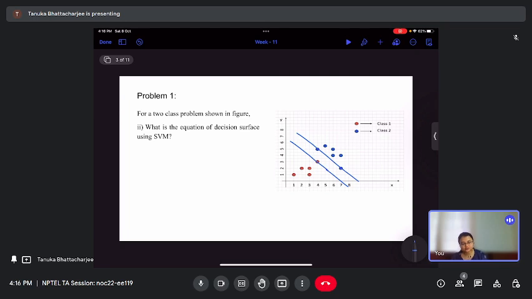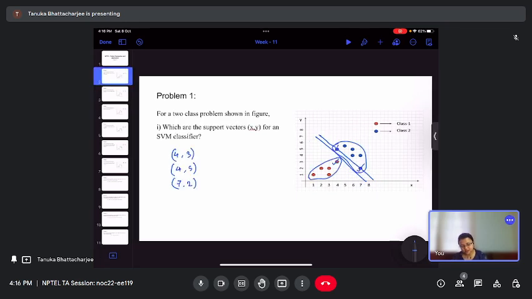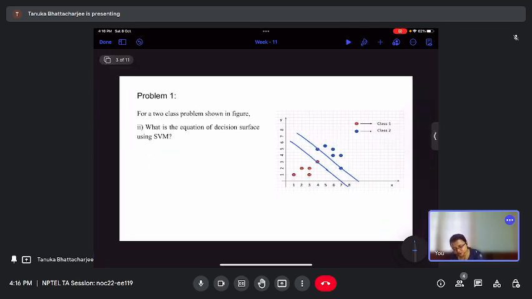If you first see the boundary of the blue class, the boundary straight line will pass through 2 points which we have already mentioned as (4, 5) and (7, 2). So, if you write the equation of that straight line, it will be (y - y1)/(x - x1) = (y1 - y2)/(x1 - x2).